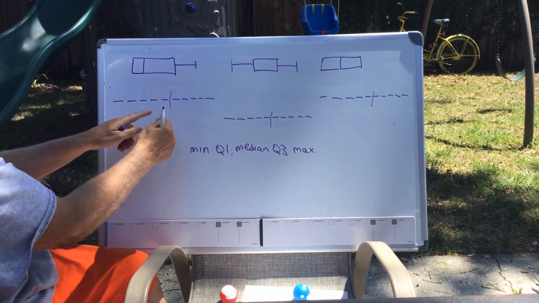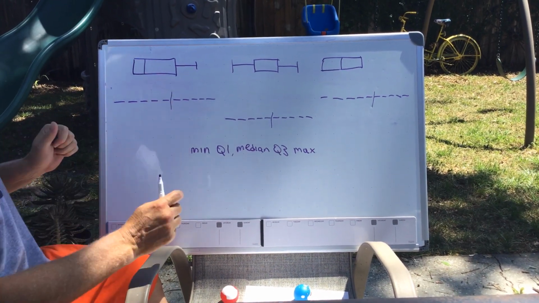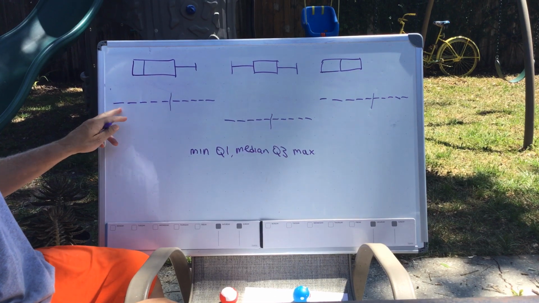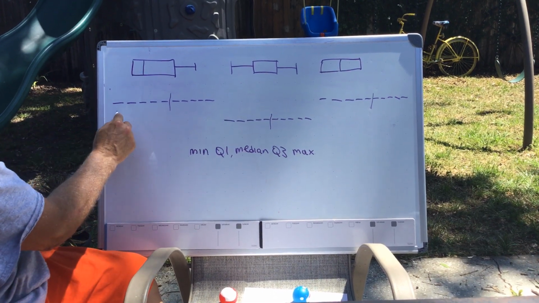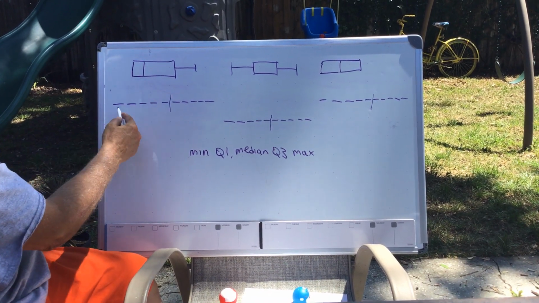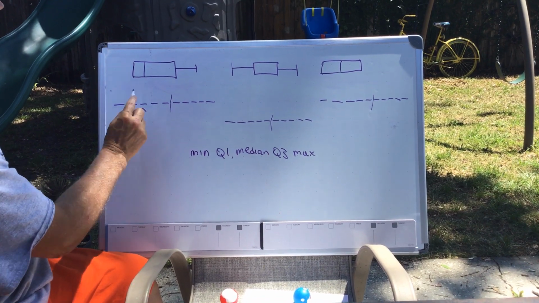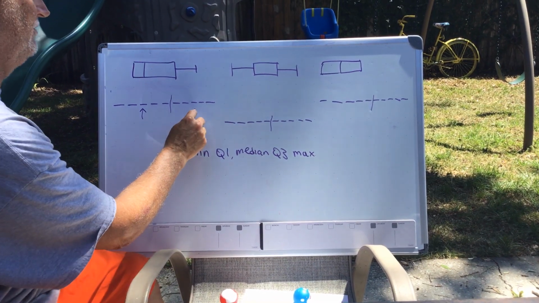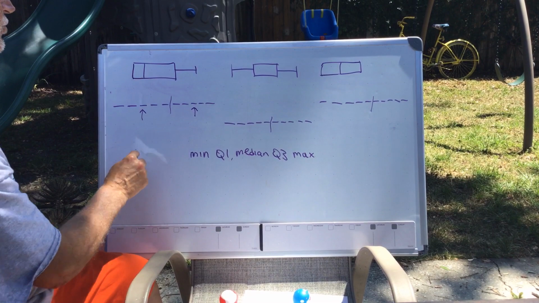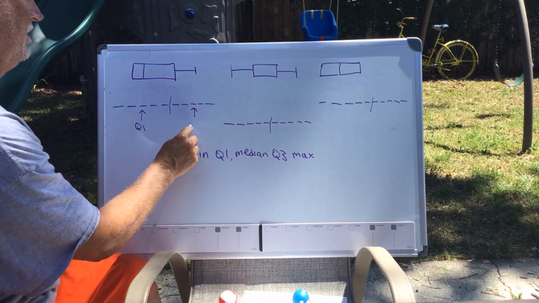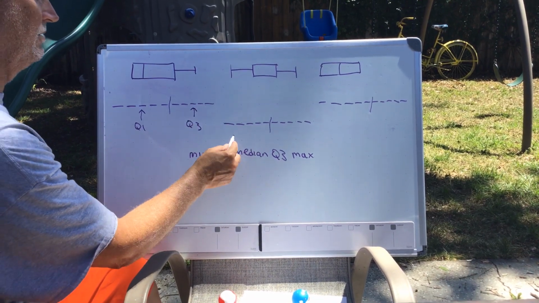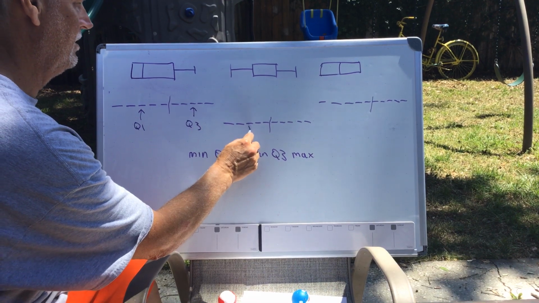The median is always going to be figured out by doing this. Then my minimum is going to be this half of the data set. There are 5 numbers here, so this number is Q1 and this number is Q3, and that's going to be the same for all of them.